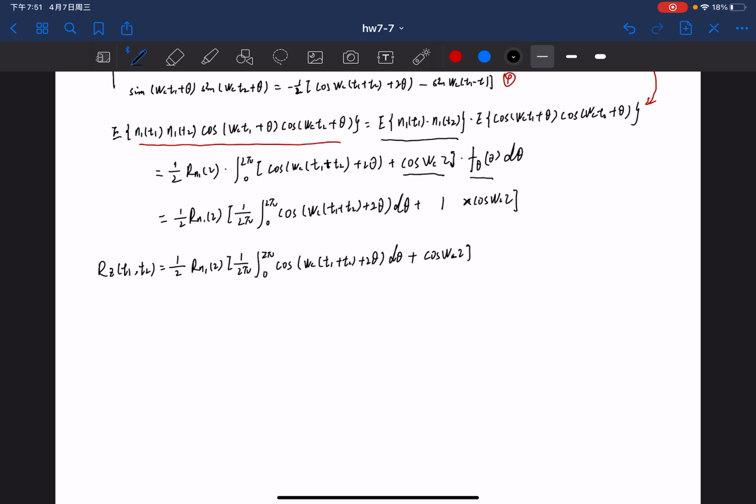And this is the first part, and the second part is 1 divided by 2.